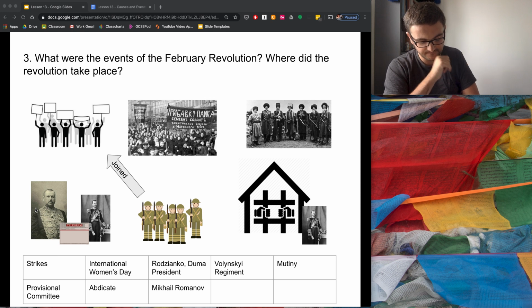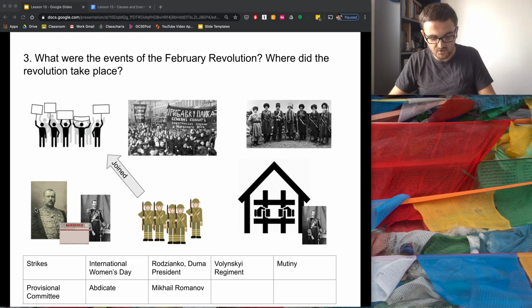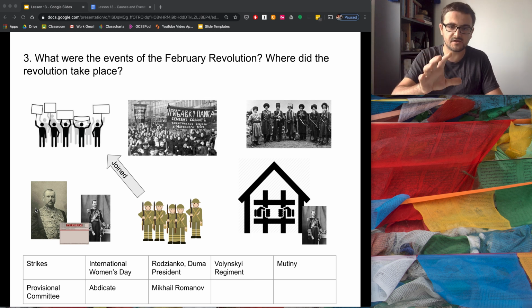And that evening, the revolutionaries, the workers striking, set up a Soviet. Now remember, Soviet effectively means council. They set up a council which they intend to take control over the government. And the Soviets begin organising food supplies for the city. So you've now got the position where the Tsar has basically lost control of Petrograd. The soldiers of the Volynski regiment have mutinied.